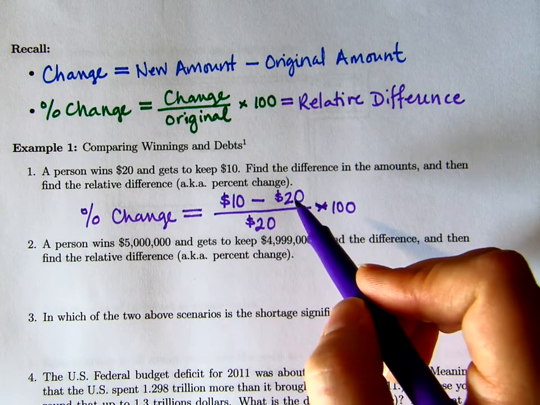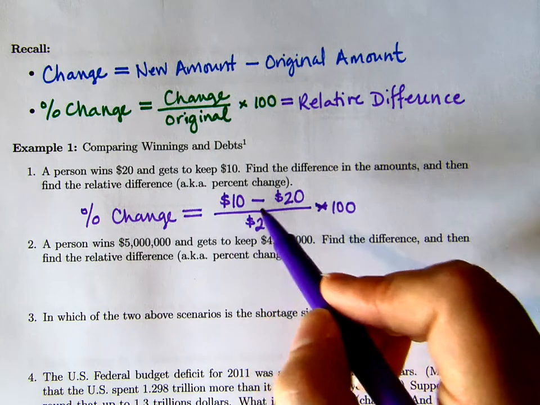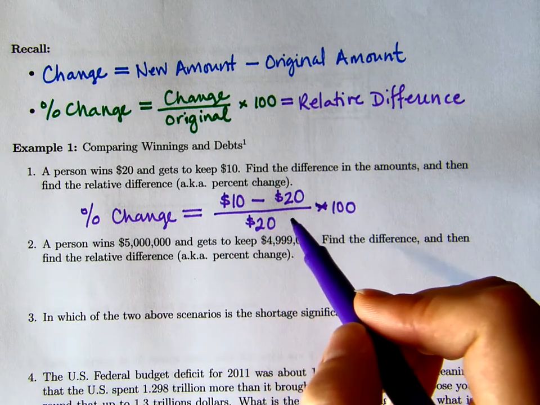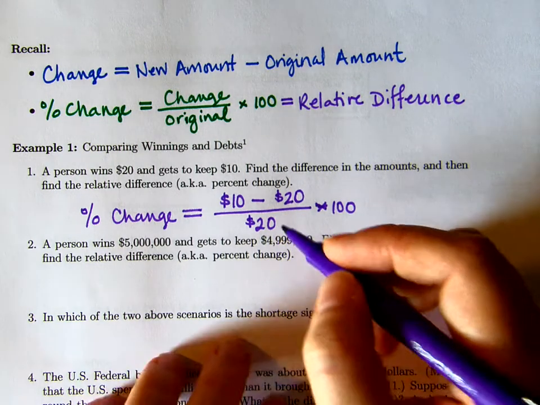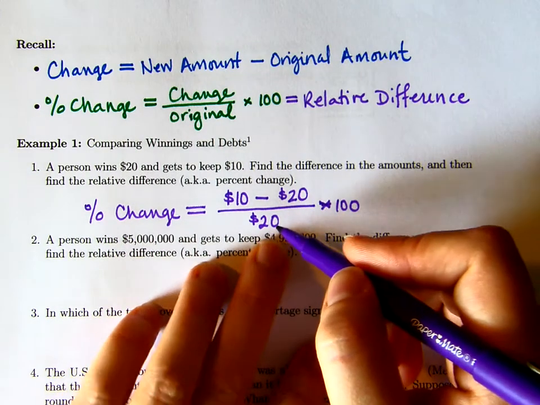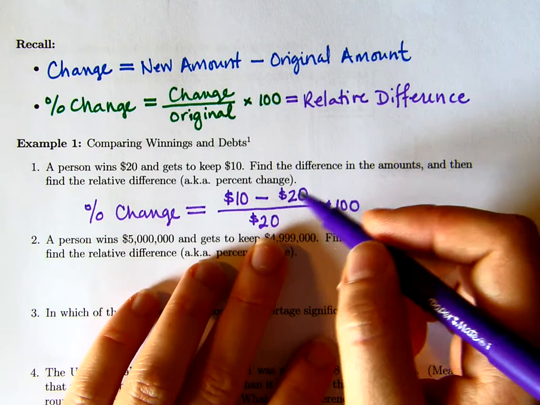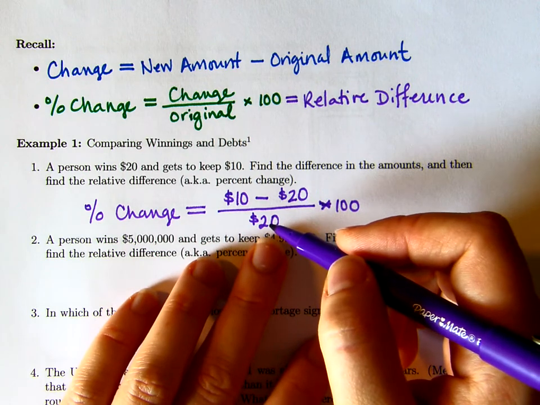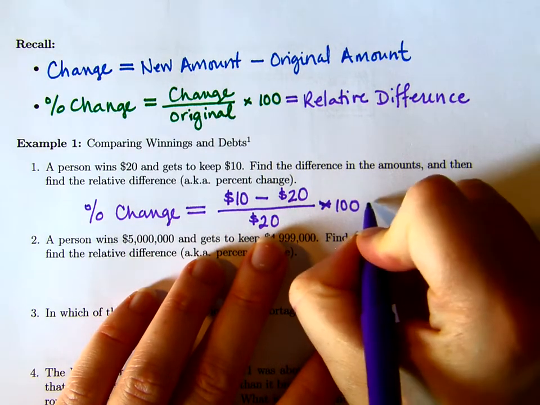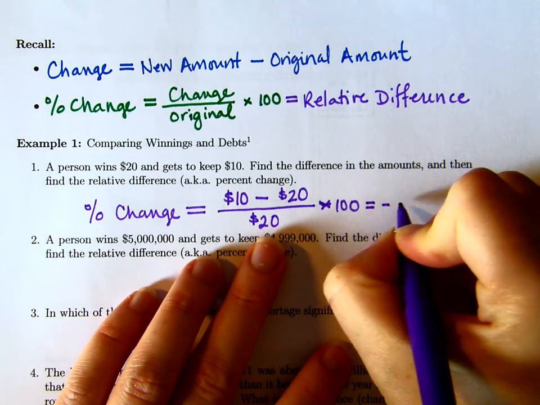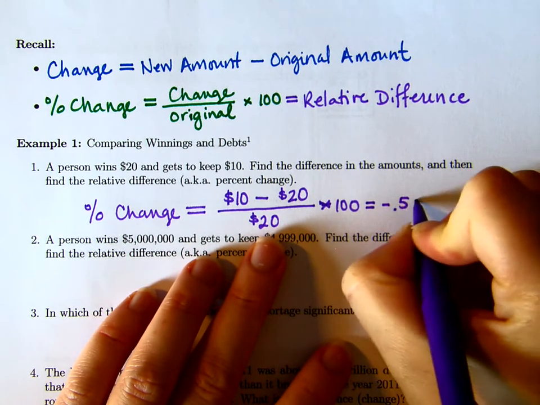Ten take away 20 is negative 10. We're down by $10. And negative 10 divided by 20, well, 10 20ths is a half. 10 is half of 20. So this would be a negative half.